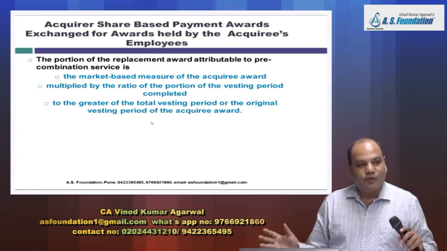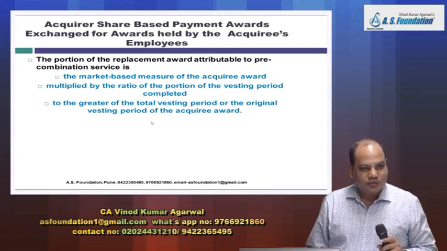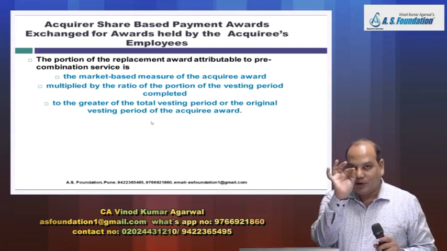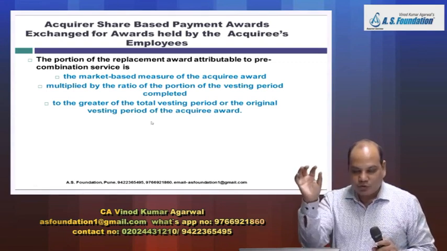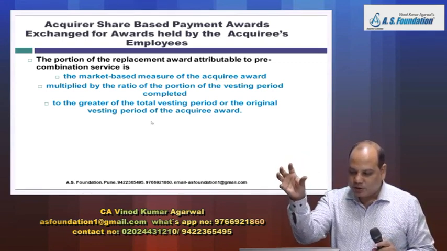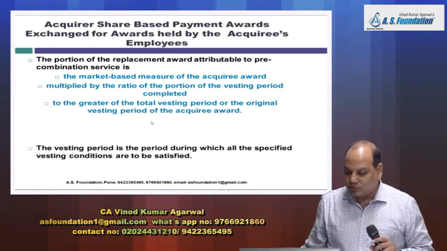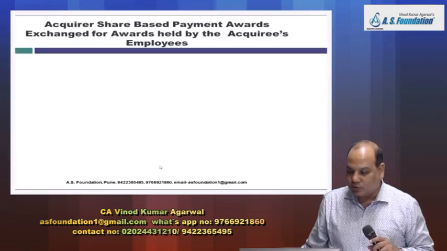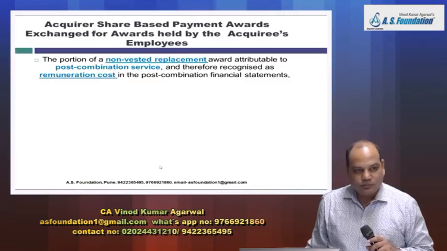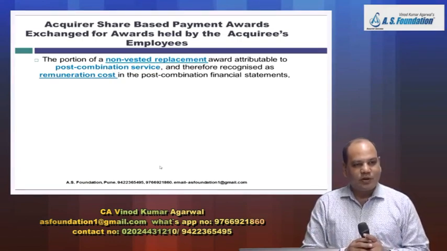This is how they write a formula in the standard, which they could have written as fair value of original award into vesting period completed upon higher of original vesting period or the total vesting period. The vesting period is the period during which all the specified vesting conditions are to be satisfied. That is why I said first you write the steps, then this theory becomes very easy.